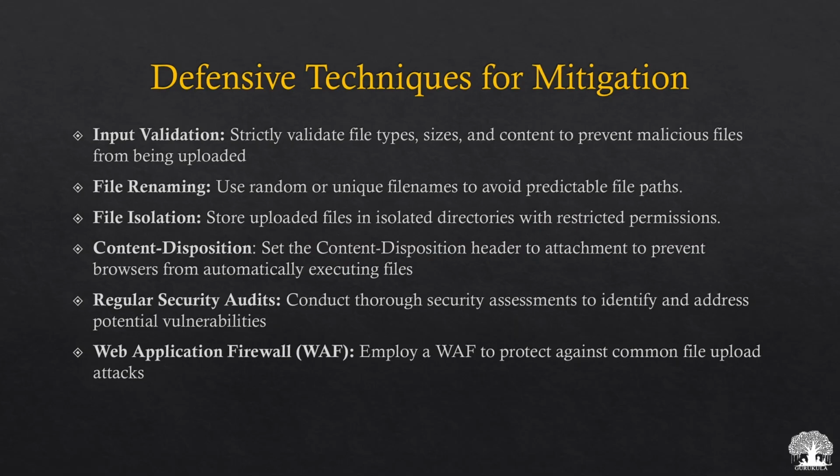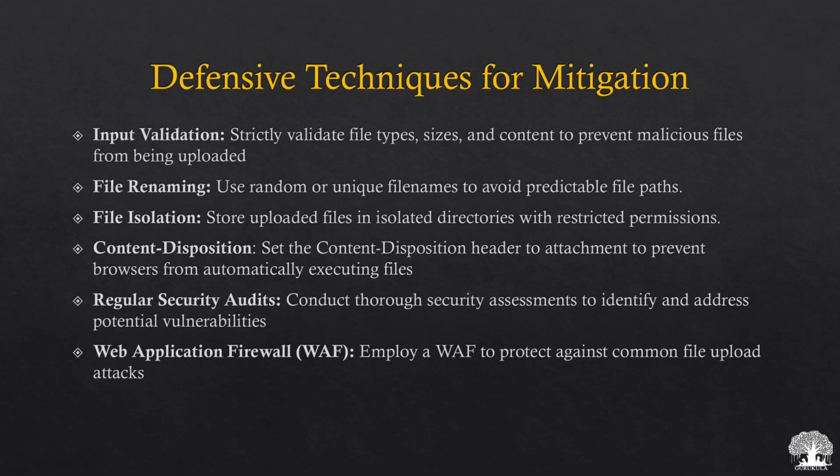So now it's time to discuss the defensive techniques. These are all the various defensive techniques to mitigate file upload vulnerabilities. Basically input validation is necessary, and file renaming: even though the user uploads the file with any name, it has to be renamed and then stored in a secured area. File isolation is required, so we will have to store all the uploaded files in an isolated directory.